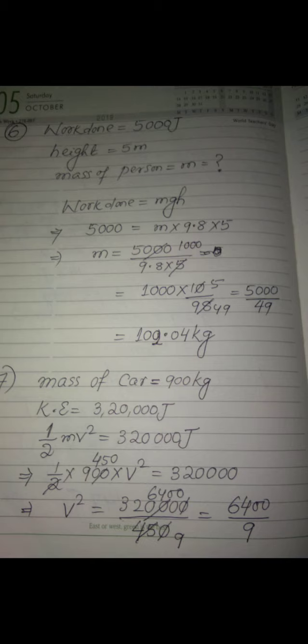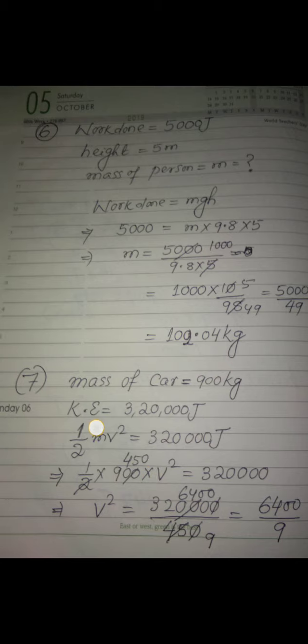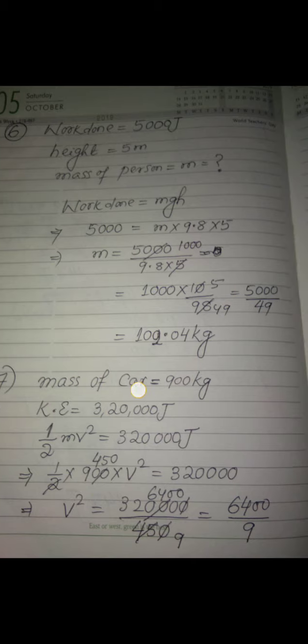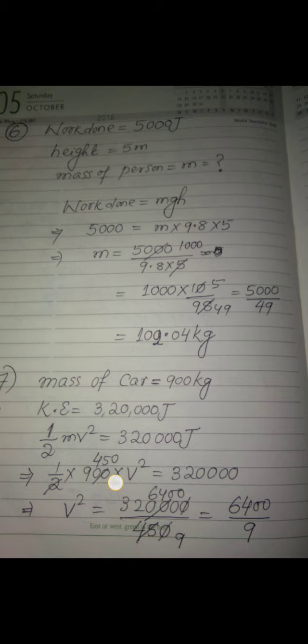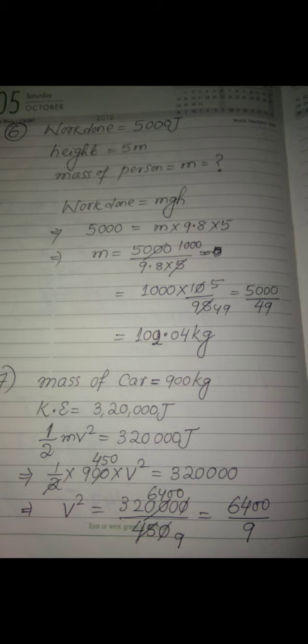We know that the kinetic energy formula is half mv square. So half mv square is equal to 3,20,000 joule. 1 by 2 into mass. What is the mass of car? 900. 1 by 2 into 900 into v square is equal to 3,20,000. 900 divided by 2, 450. 450 into v square is equal to 3,20,000.